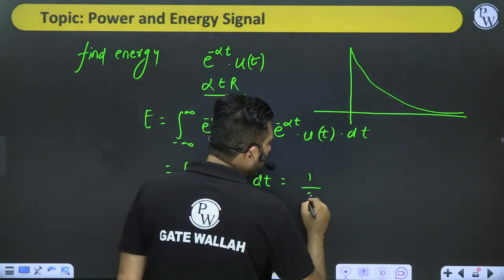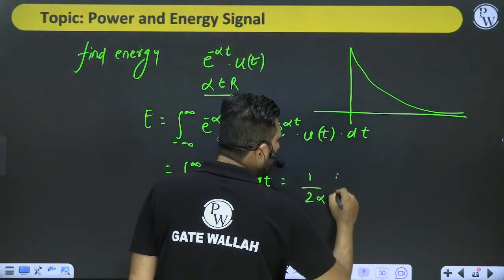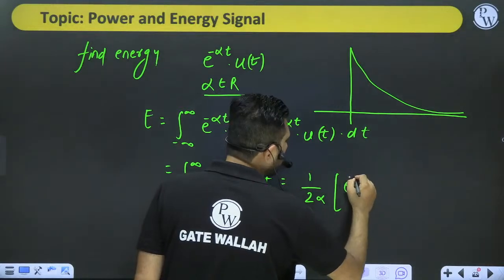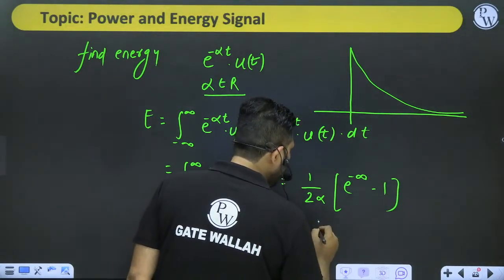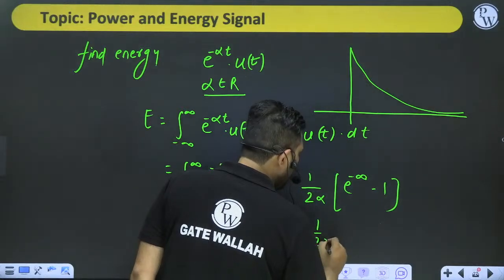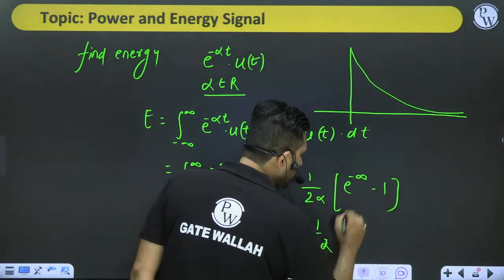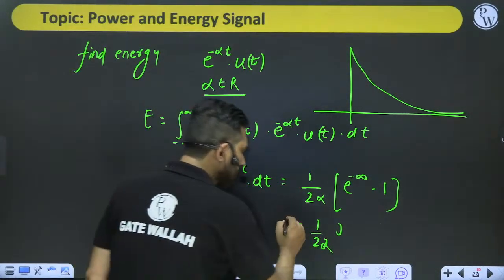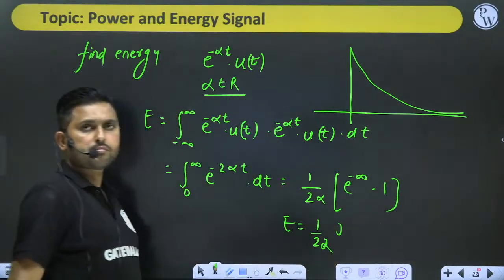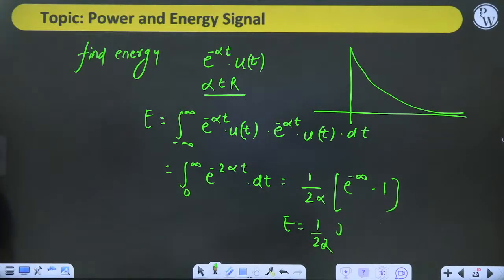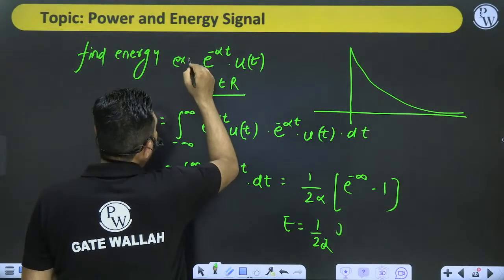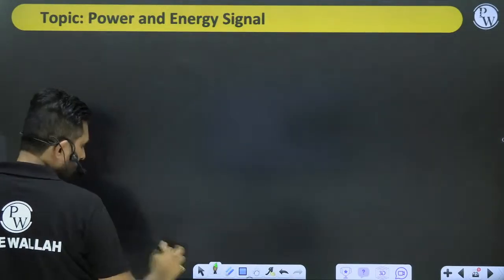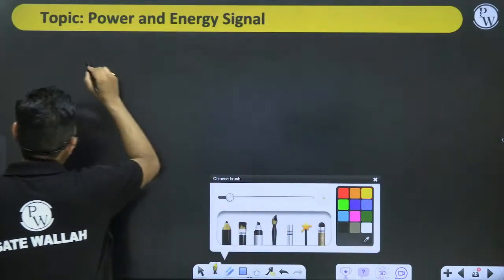It is 1 by 2 alpha times e to the power minus infinity minus 1, so it is 1 by 2 alpha joule. That's what my energy is. Energy is in joule. It's very simple. This is example number 1. But let us consider another example, example number 2.